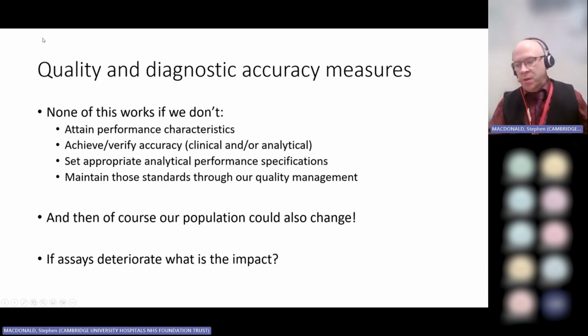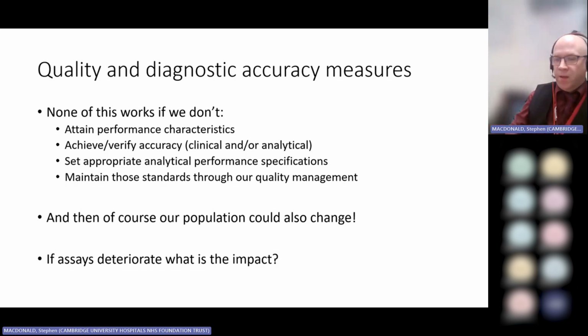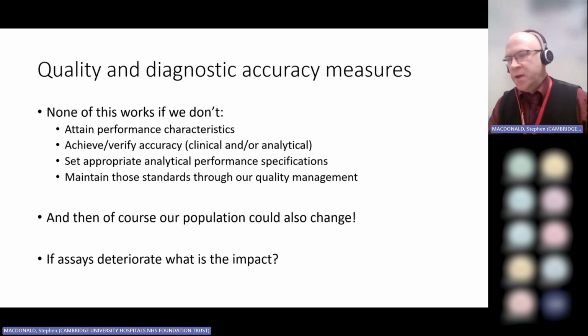So this is something that we need to monitor on an ongoing manner, and we have to be aware of what our patient population is. And if we start testing different patients, and this is an extremely important point, if we have diagnostic accuracy measures which are quoted by our manufacturer, they will usually be tested in very, very specific patient populations that have patient samples very much selected to try and differentiate sensitivity and specificity and maximize them.